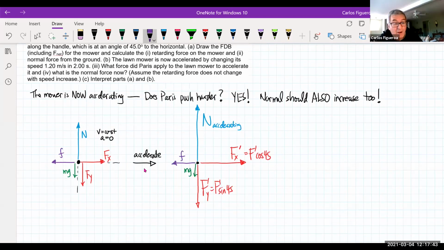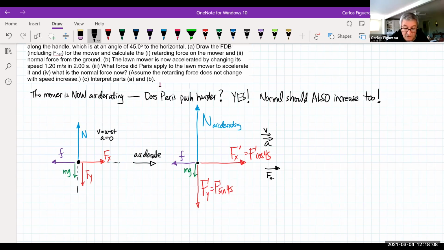So the free body diagrams have to look like this. Now, what do we know? For starters, I now have a velocity, and check it out, I now have an acceleration. So that means there must be a net force in this direction here.